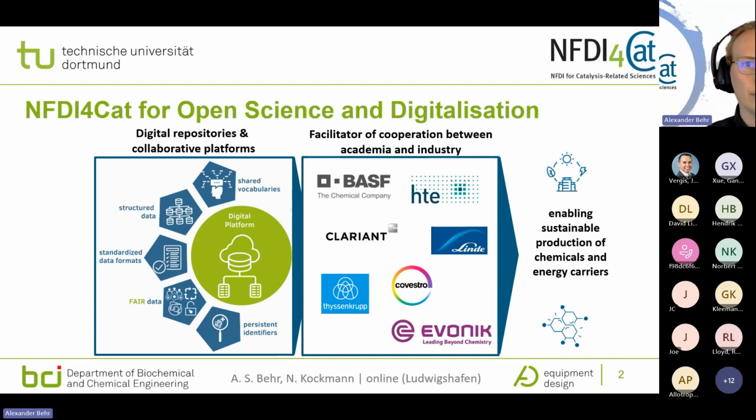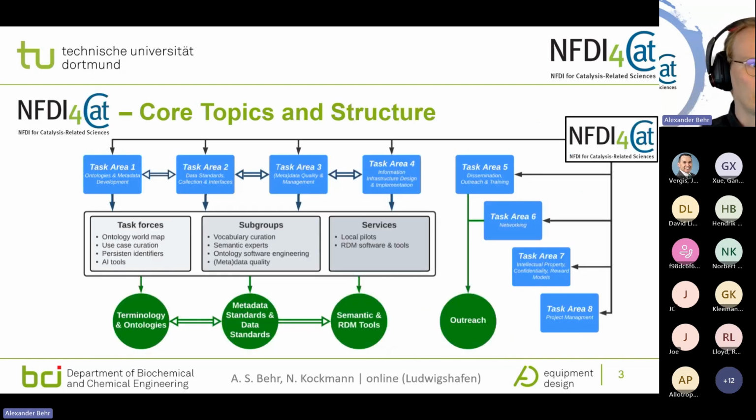And we not only do this in a kind of academic way, but we also try to incorporate industrial partners, for example, BASF, HGE, Clariant, Linde, ThyssenKrupp, Covestro, Evonik, and Linde, as you can see here. And we do all this in order to enable sustainable production of chemicals and the energy carriers. And I think I forgot to mention we are a German consortium that started 2020. And I'm from this NFDI4CAT consortium.